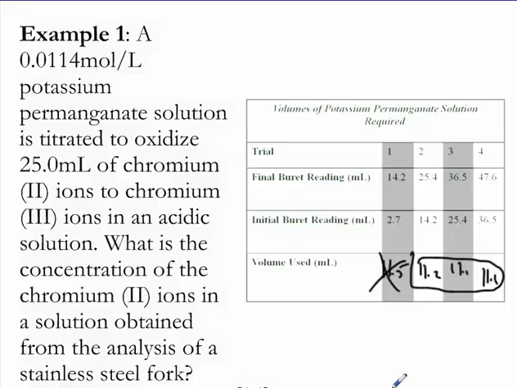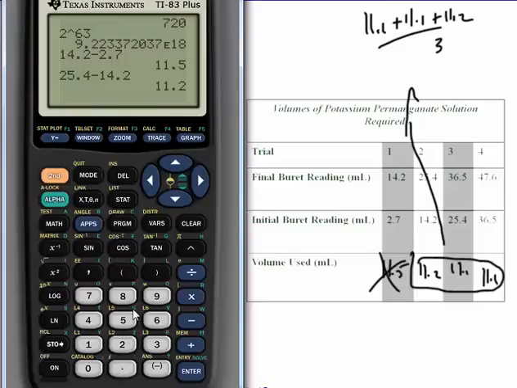And this is what makes titration sometimes take a while, is that it may take you 3 trials, it may take you 7. When I was in university, I had some labs where if I wanted to do really well, because my grade depended on my accuracy, I might do 13 trials. The more trials, hopefully the better, right? So, long story short, it appears that we have an average of 11.1 plus 11.1 plus 11.2, all divided by 3. That's our average volume.